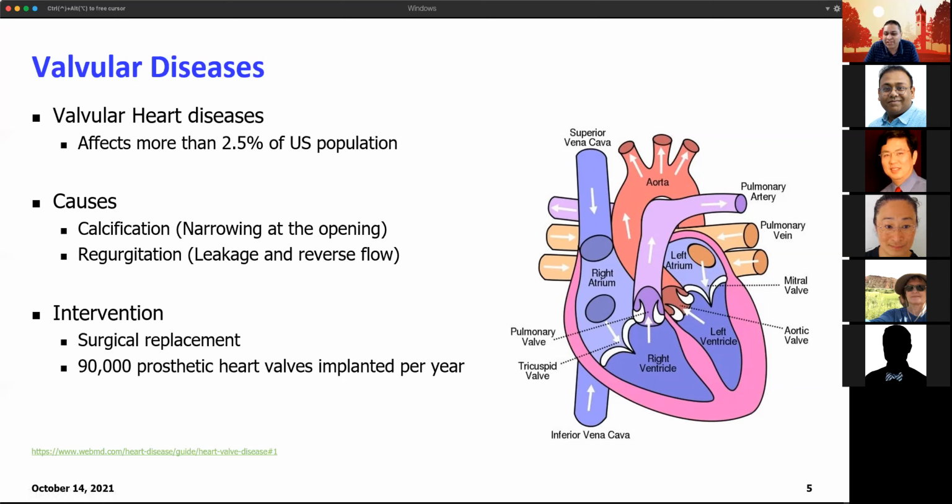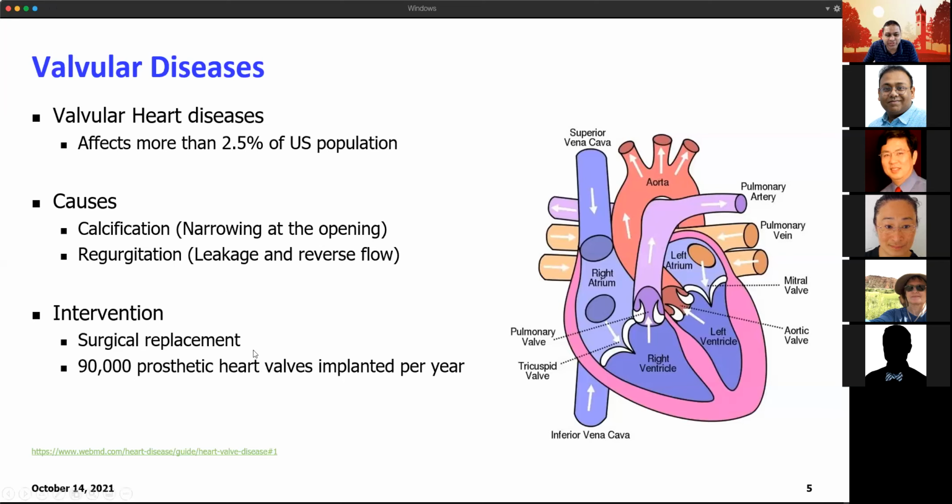These 4 valves can have thickening or calcification, which can prevent the valves from opening properly, or they may not close properly, which might lead to regurgitation, which is basically backflow of the fluid.